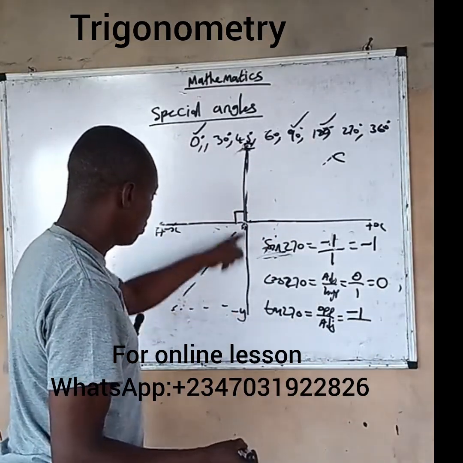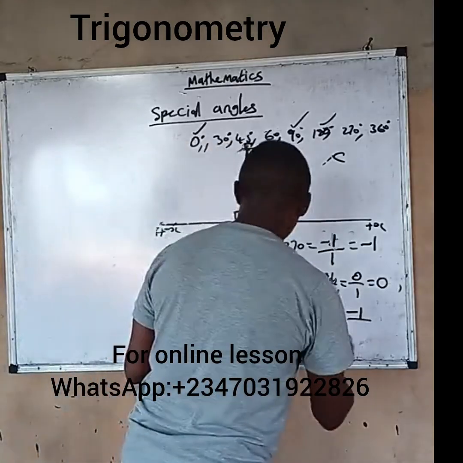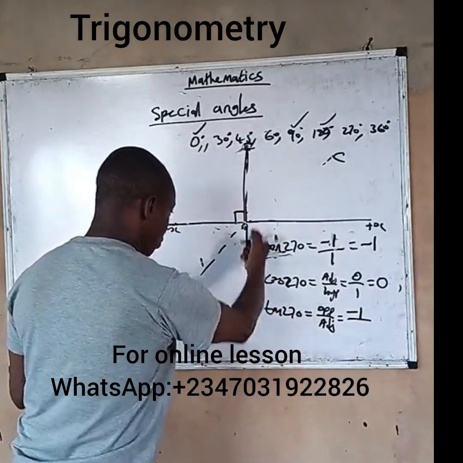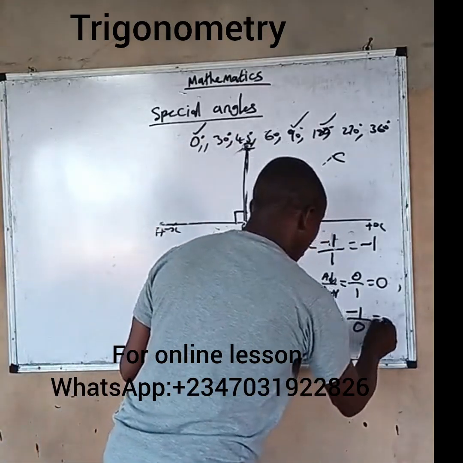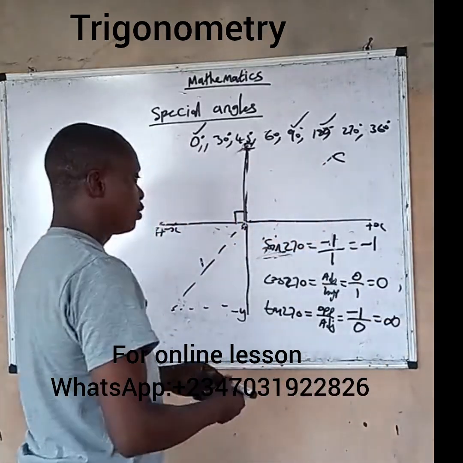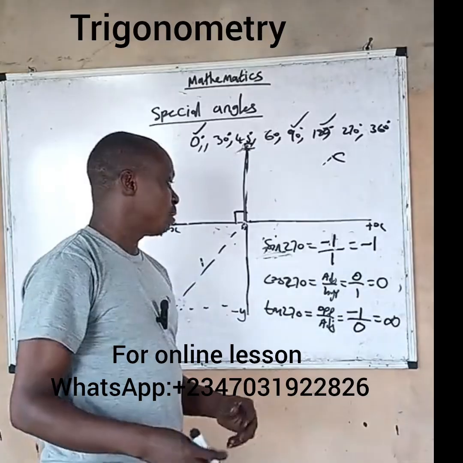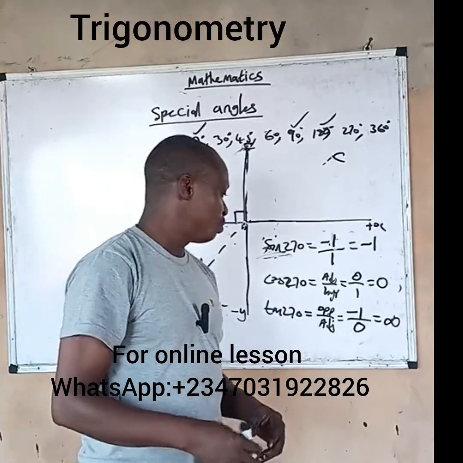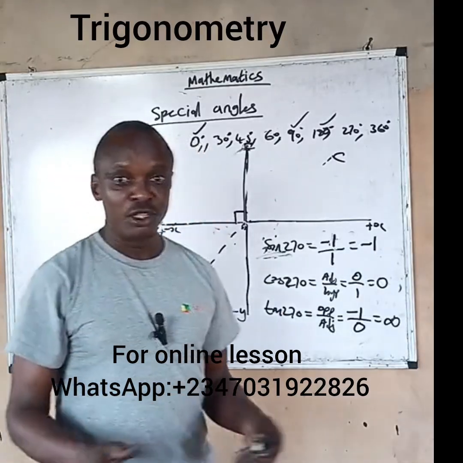Here, x is 0 on the y-axis. When you divide 1 by 0, it is infinity. So tan 270 is infinity. Sin 270 is minus 1. Cos 270 is 0. Tan 270 is infinity, undefined.